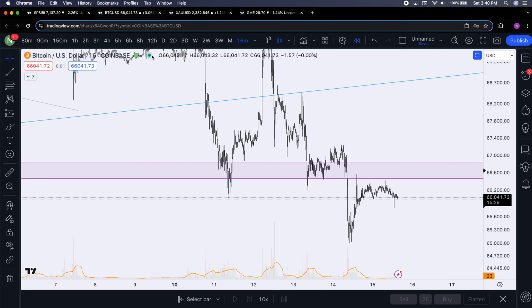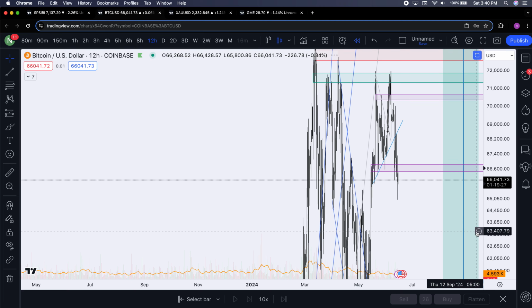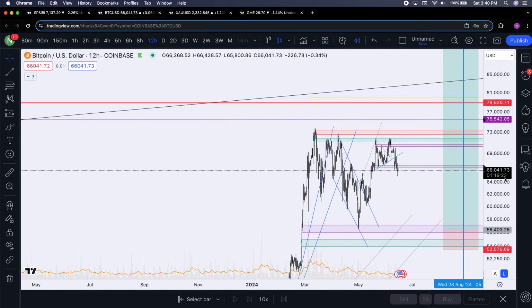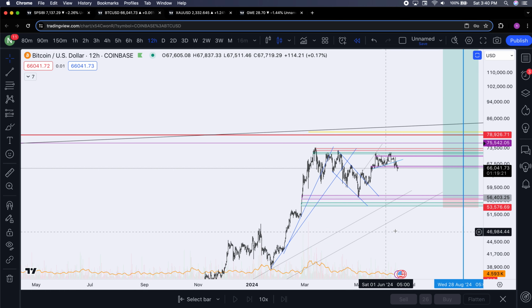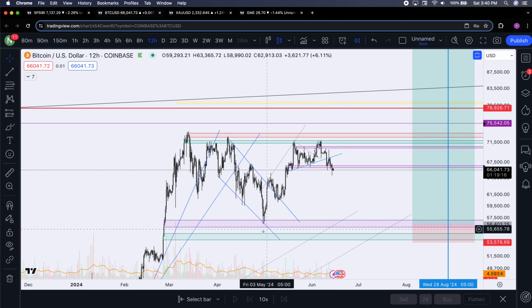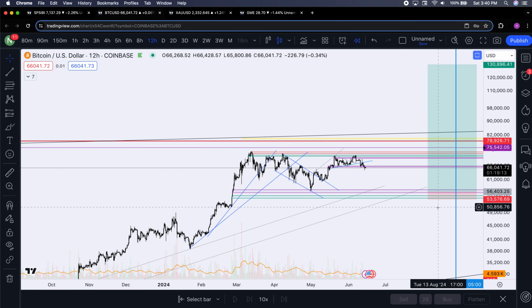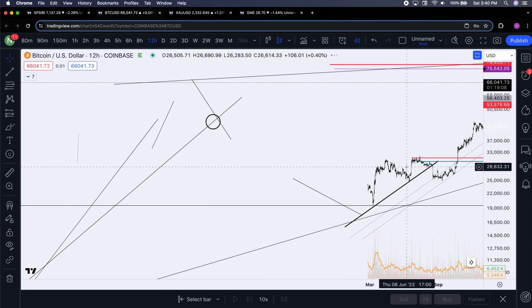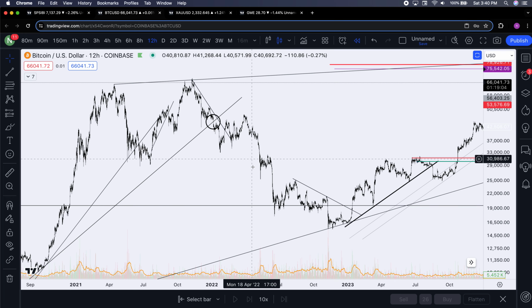Personally, I have the macro bar pattern mapped out for Bitcoin. I made a video on it and posted it. It's the one with that meme picture of Klaus Schwab saying, "You will eat the bug." That one's a really good video. Go check it out if you haven't already. But we're fulfilling a certain sector of the bar pattern that says we are right here. If it loads, you'll see the rest of it.